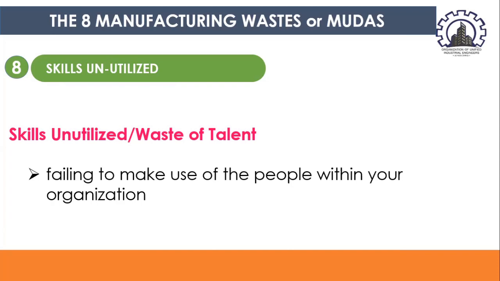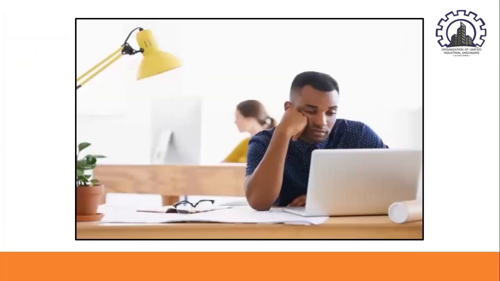We still tend to operate within a command and control environment and take little real notice of what our employees really think and what they can contribute. Your employees are your greatest asset by far and can help you to drive out many of the other wastes. So as you can see, this is an example of skills unutilized or waste of talent.